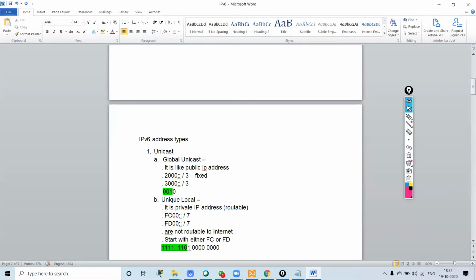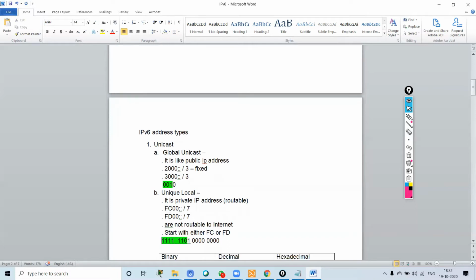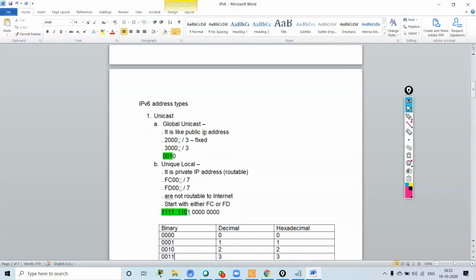Means the first 7 bits are same. The first 7 bits will be always same. It is not recognized on the internet. It is used within the same organization, LAN or WAN. Understood? So this is my unique local.